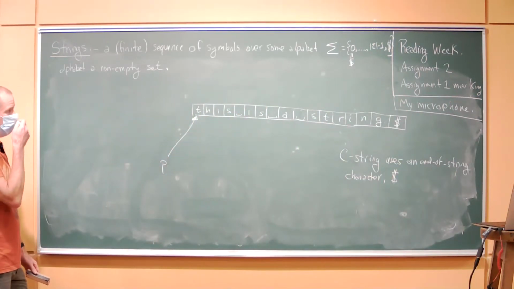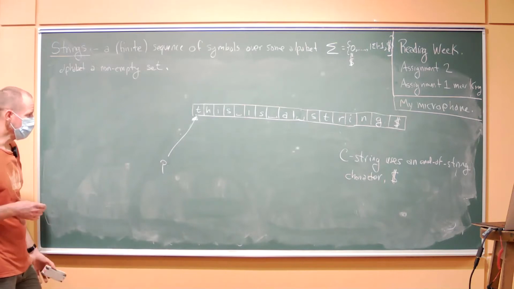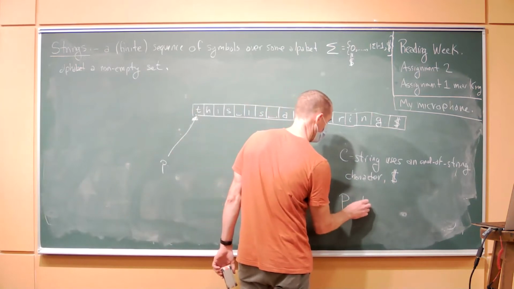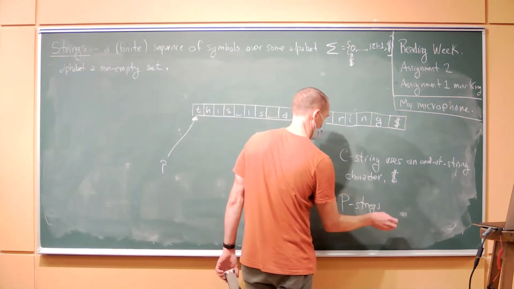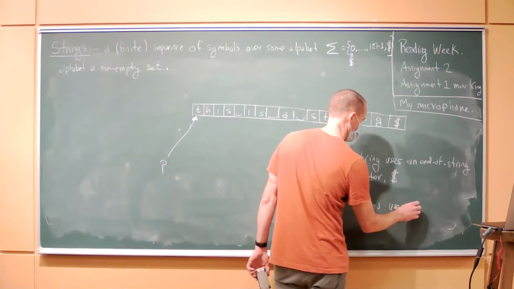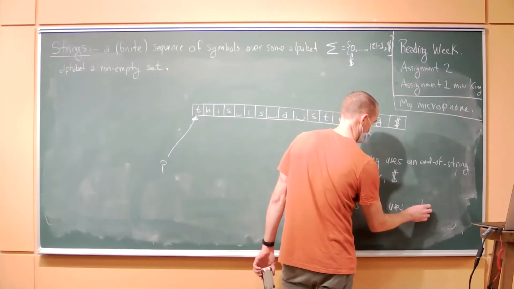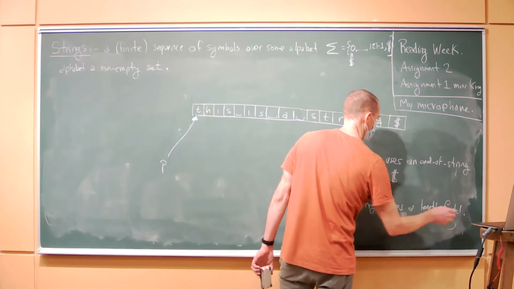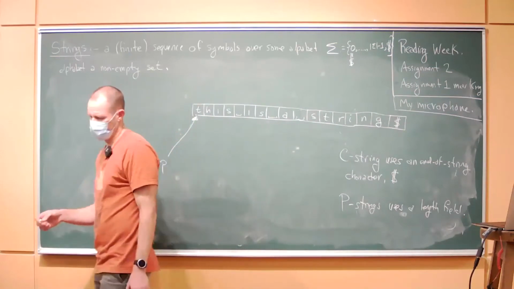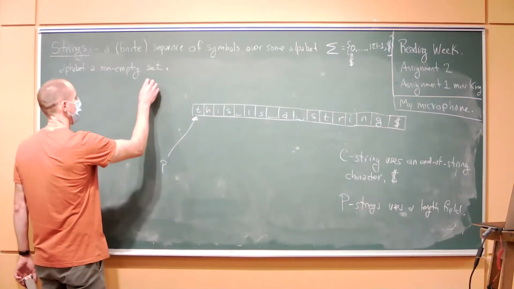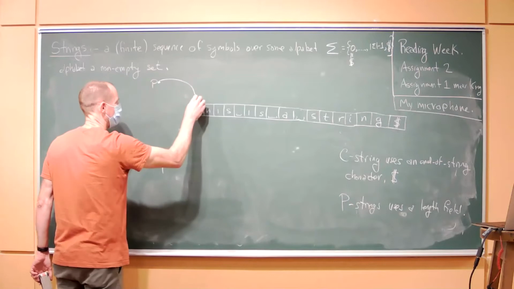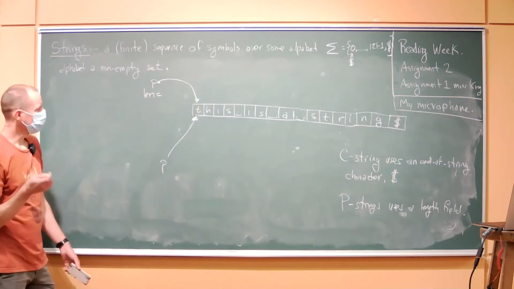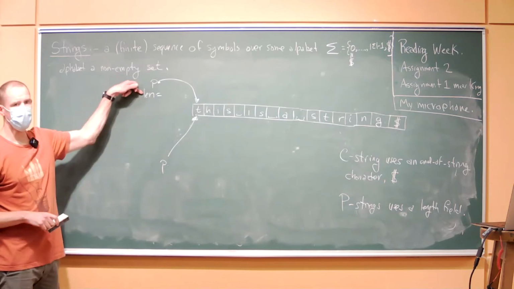So that's C strings, but there's an alternative, which I'll call P strings. It uses a length field. So for a P string, there's a pointer to the first character, but there's also a length. So it's a two-part structure. One is a pointer, the other one is an integer.